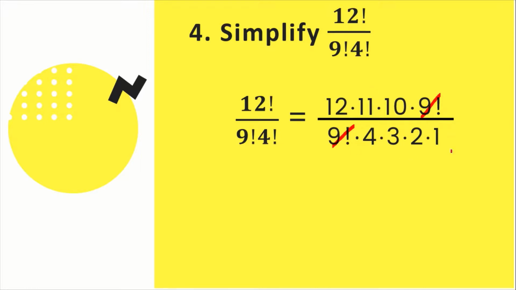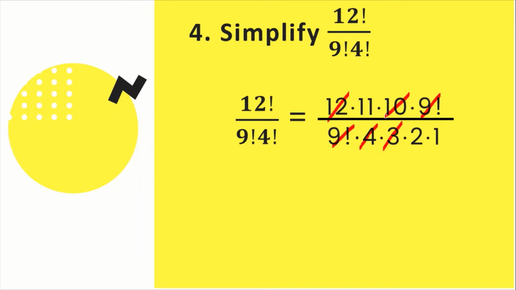So, mula dito, pwede mo na siyang i-compute. Pero, pwede pa tayong mag-cancel para mas bumaba pa yung matirang values natin. Now, we have here 4 times 3 is equal to 12. So, pwede nating i-cancel ang 4 and 3 with 12. So, 11 times 10 na lang and then 2 times 1. Si 2 times 1 or 2 ay pwede nating i-cancel with 10.